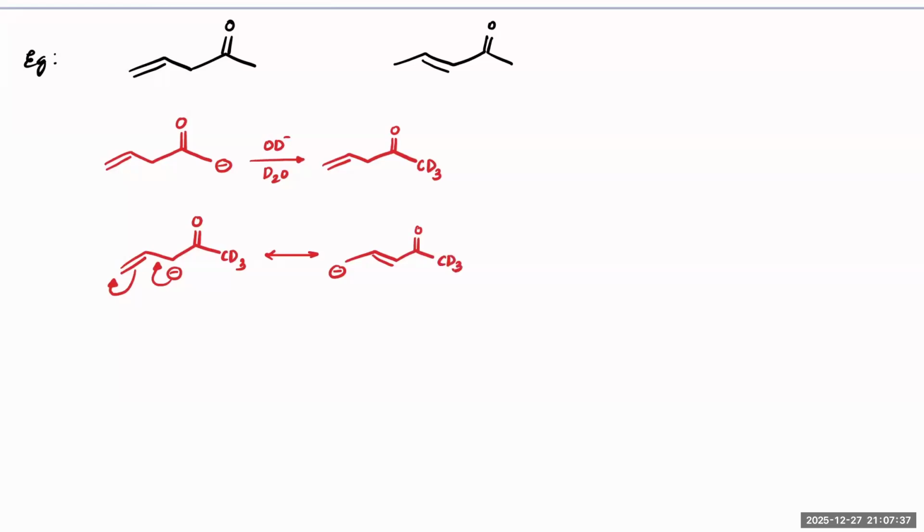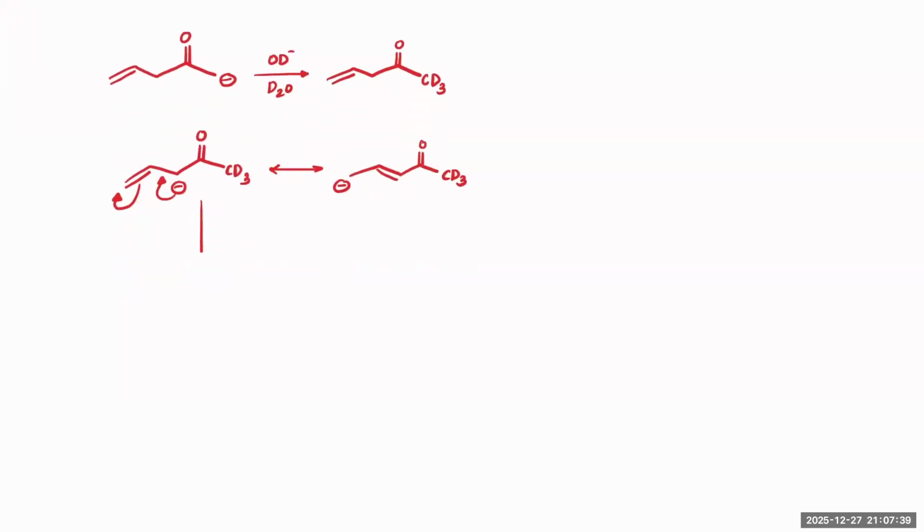CD3. Okay. Which means wherever there is a minus charge, if you react with OD minus and D2O, they will start replacing the hydrogens on that position. So here we have two hydrogens, both will get replaced by deuterium.